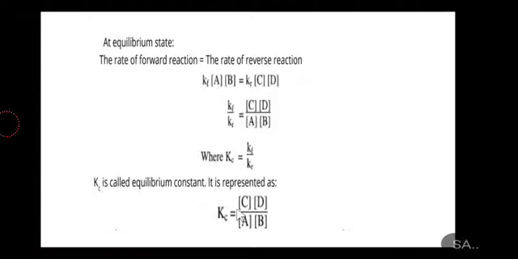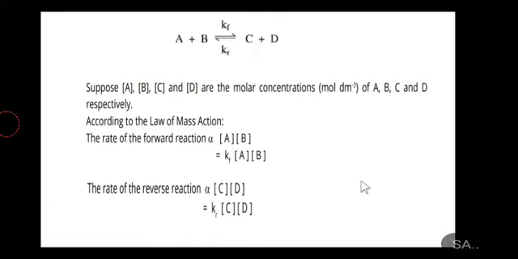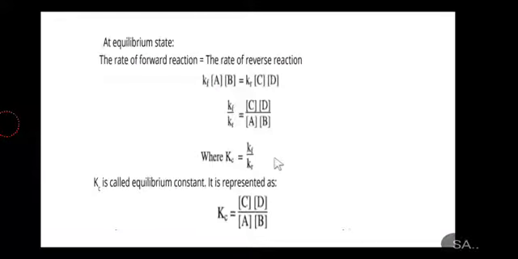Kc equals the molar concentration of C multiplied by the molar concentration of D divided by the molar concentration of A multiplied by the molar concentration of B. Since Kc here represents the equilibrium constant, this proves the law of mass action. The rate at which a substance reacts is directly proportional to its active mass, and the rate of reaction is directly proportional to the product of the active masses of the reacting substances.